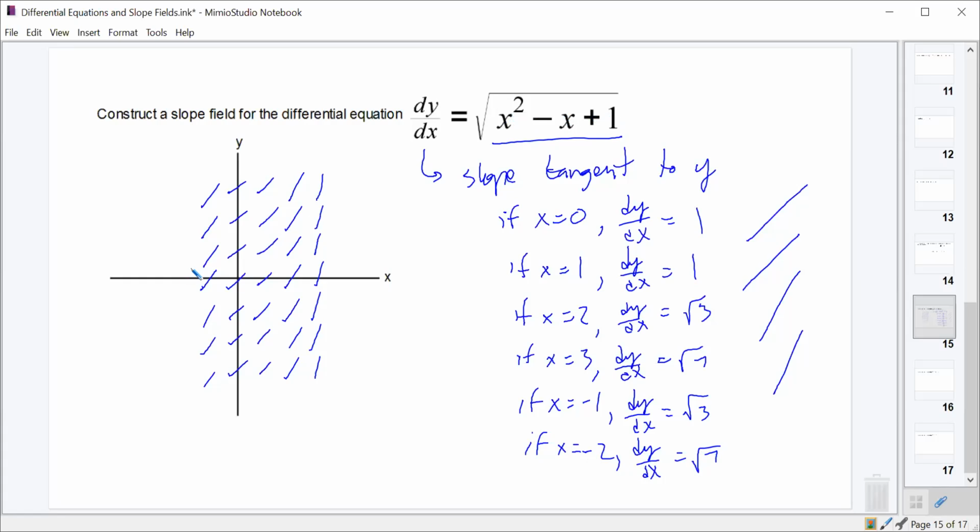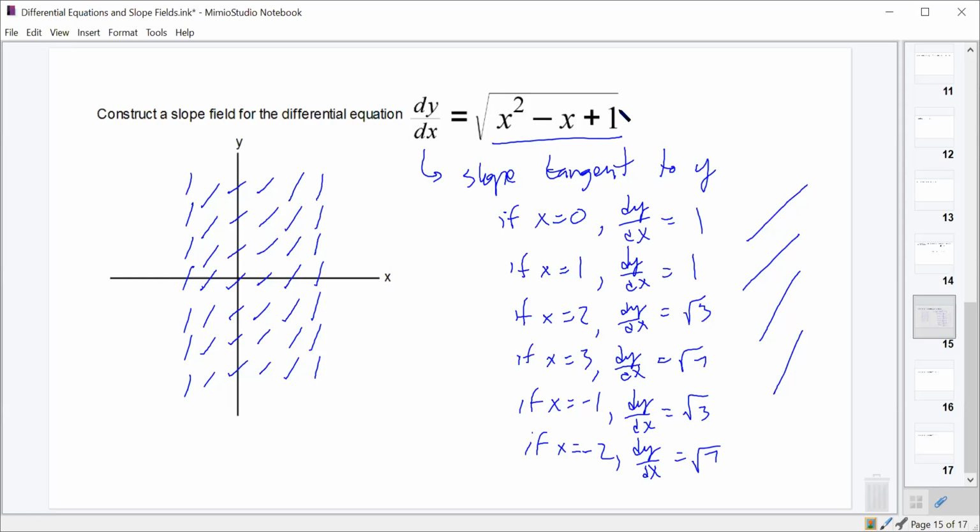So getting still steeper. And if we were to continue to the left with -3, this is going to become root 13, and then it's just going to keep getting larger and larger. These are just going to keep getting steeper and steeper. Everybody agree with that?